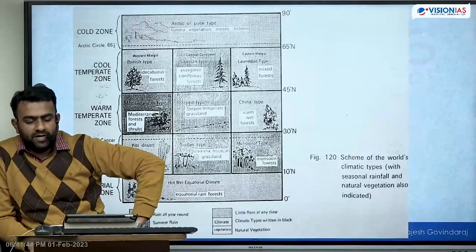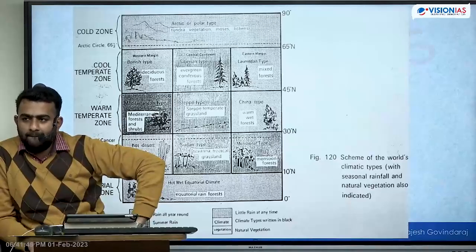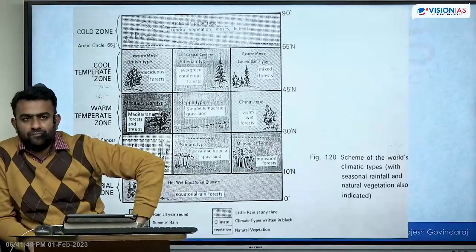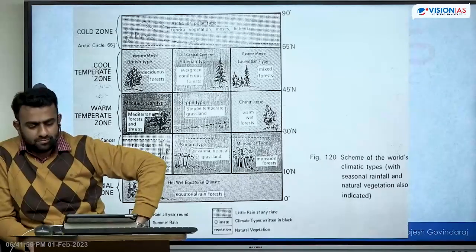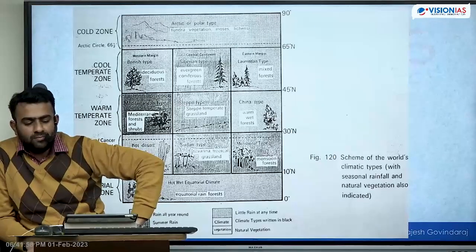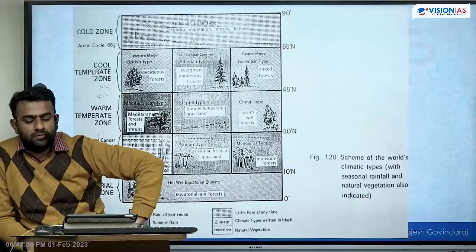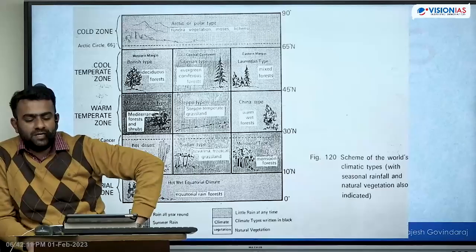There is a definite dry season. Definite dry season during winters. Average annual rainfall. Average annual rainfall is 70 centimeters.